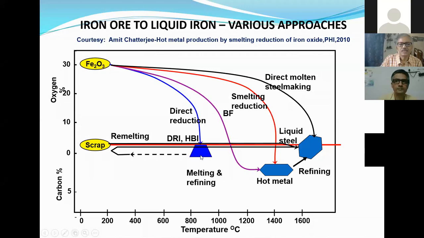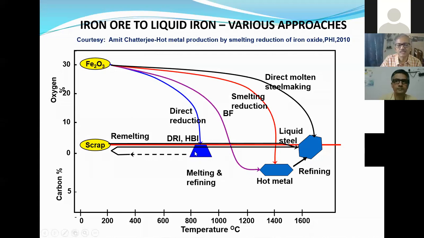This DRI can be produced in the presence of carbon, or you can use reformed gas to reduce it, and depending on that, the carbon composition is quite low. In the presence of carbon, since you are producing in the solid state, carbon cannot diffuse into it. Diffusion is a limitation. That's why your carbon percentage is very low.